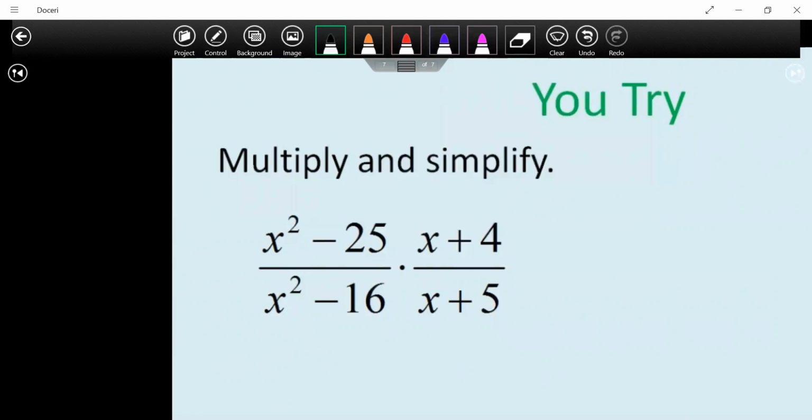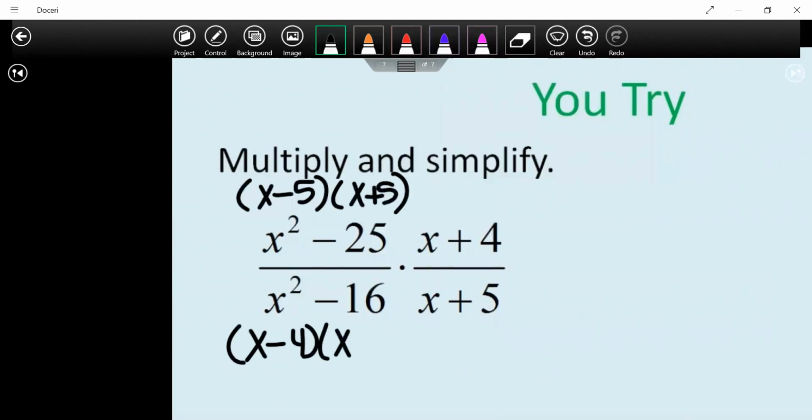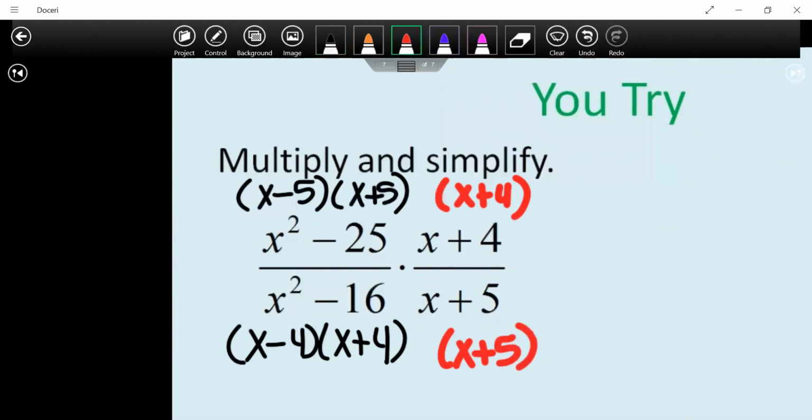The difference of squares we have up on top will be x minus 5, x plus 5. The bottom one's going to be x minus 4, x plus 4. And then the other two are going to remain the same. So I'm just going to write these in a different color. We can reduce out from here.